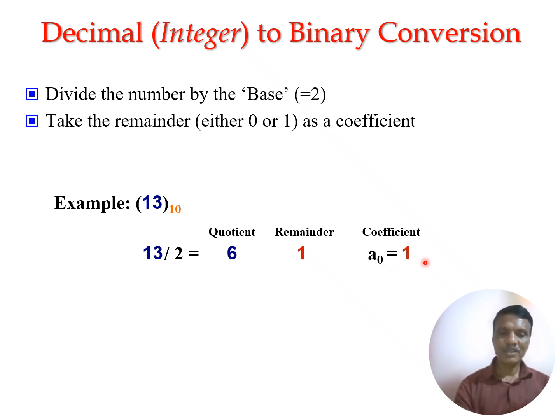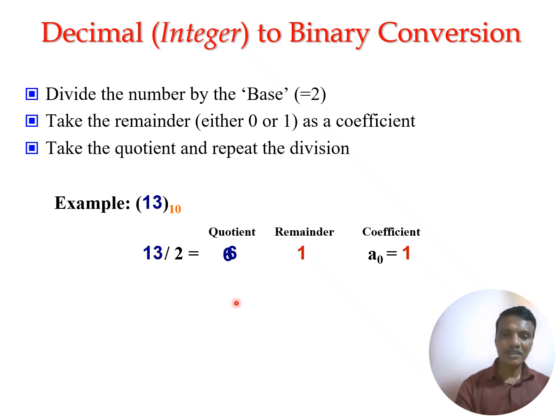Okay. Now again I need to divide this quotient by the base, divided by 2. 6 divided by 2, the quotient is 3, and the remainder is 0.